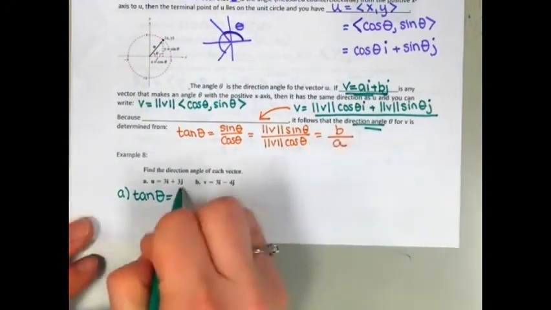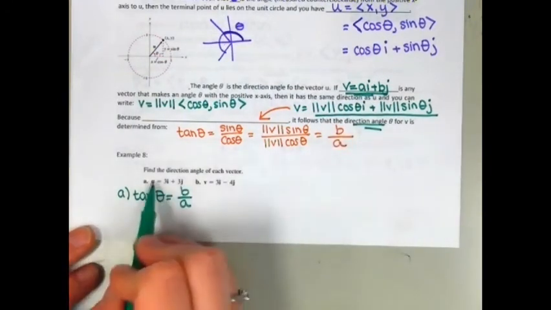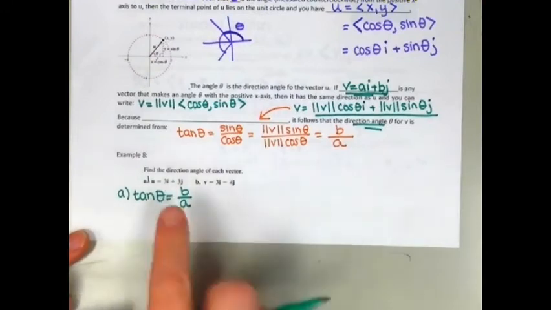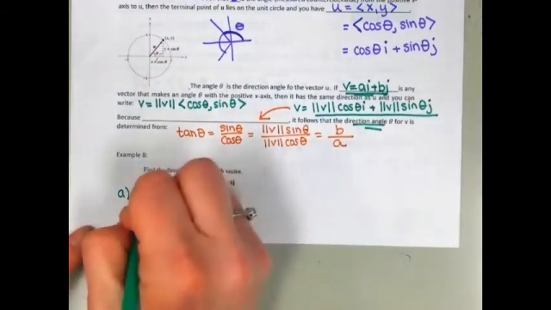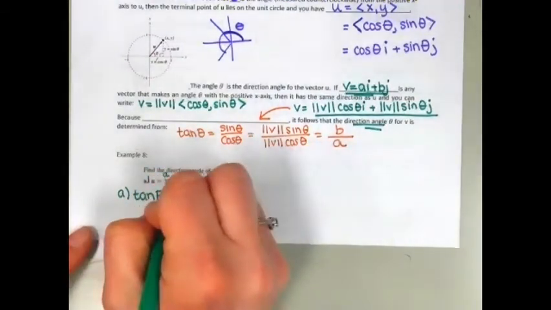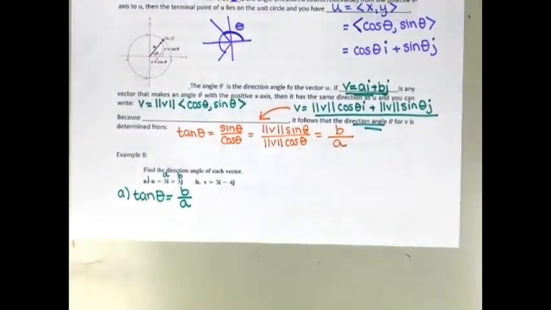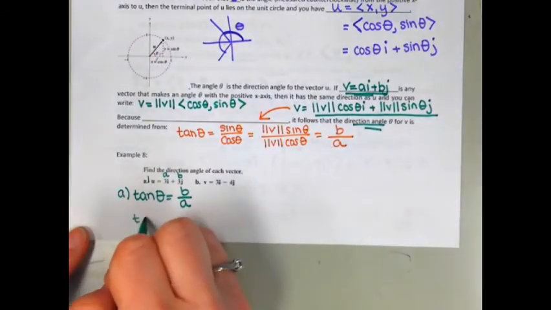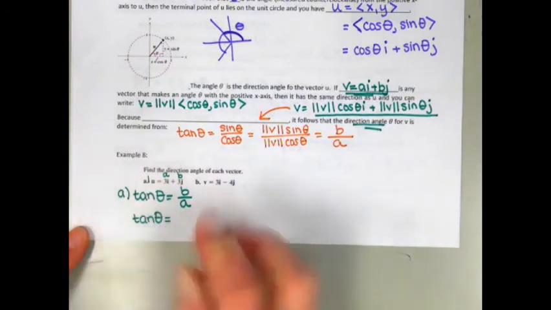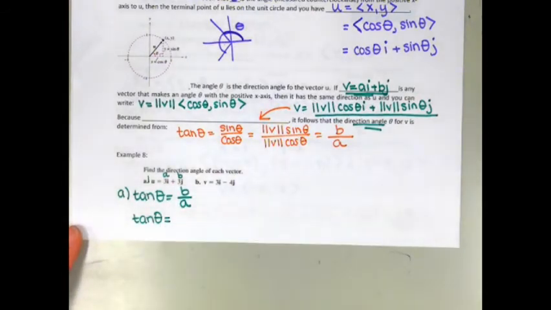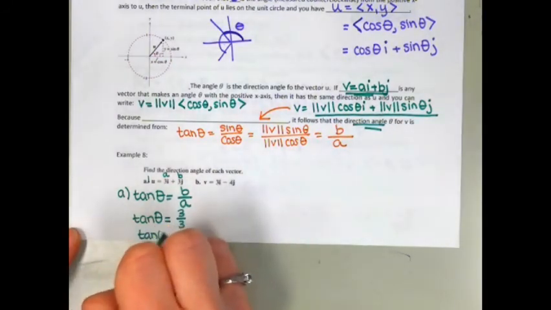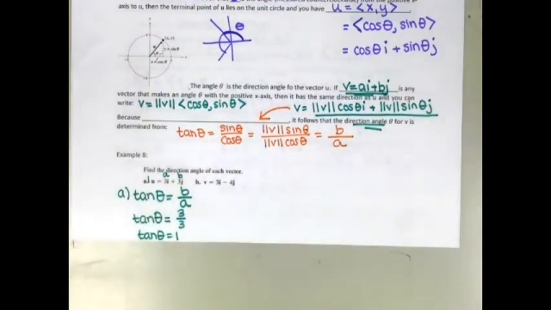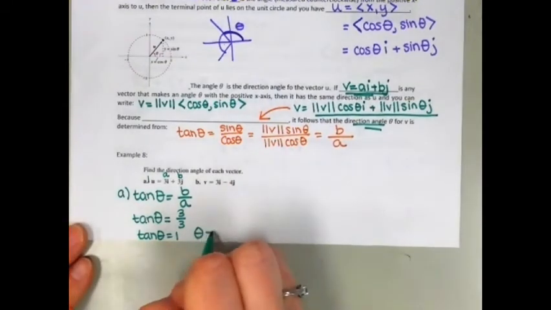Which is b over a. So from here, looking at u, u is 3i plus 3j. So what is my a? Isn't that 3? Isn't my b also 3? Yeah. So my tangent of theta is going to equal what over what? 3 over 3, which the tangent of theta is equal to 1. So we know the tangent of theta equals 1. So can you guys find what theta equals?